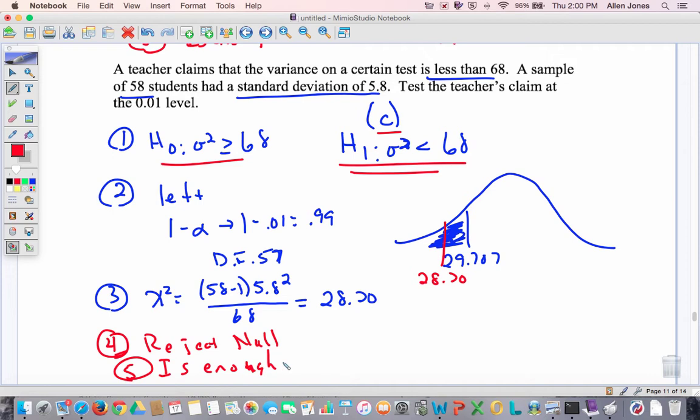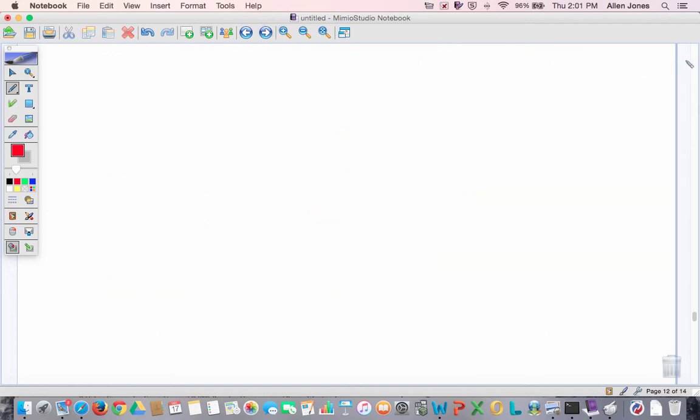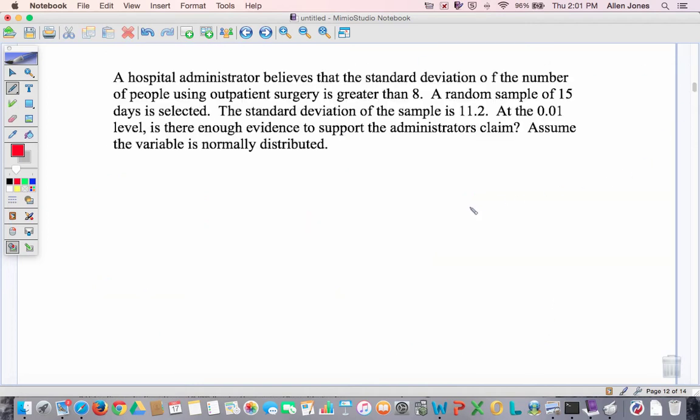Our claim is also true, so there is enough evidence to support the claim. All right, so noting we had the standard deviation given to us, we did have to square that to make it the variance. So just pay attention to those details.